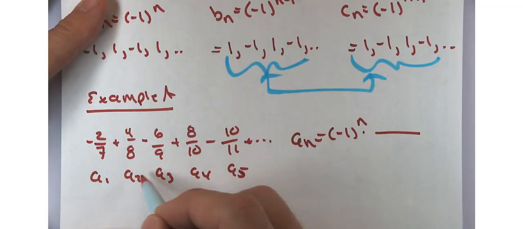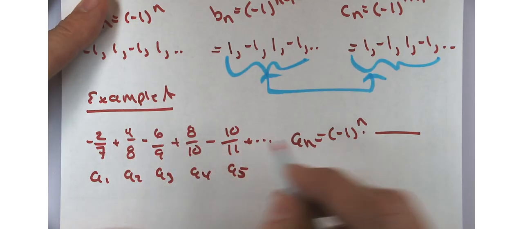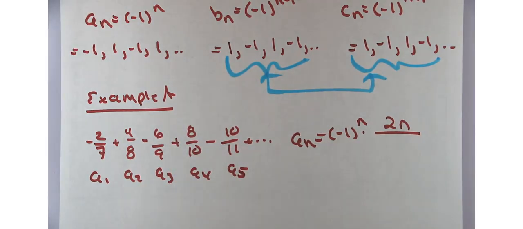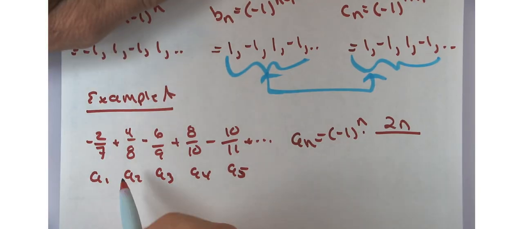Take a look at the pattern. Yeah, 2n. Good, 2n. Now in the denominator, we start with a 7, and then an 8, and then a 9, and then a 10, etc. So it's kind of marching up slowly. But let's see here.